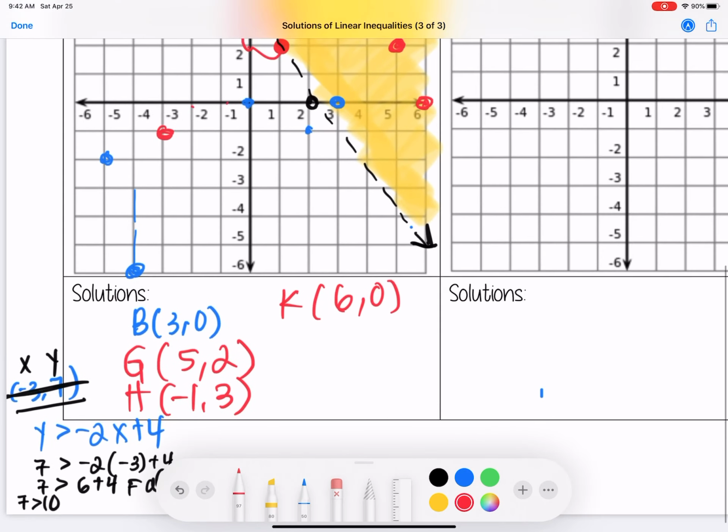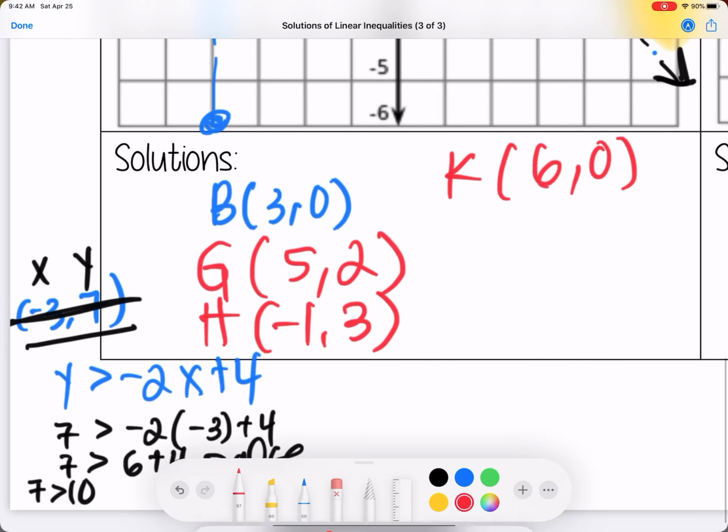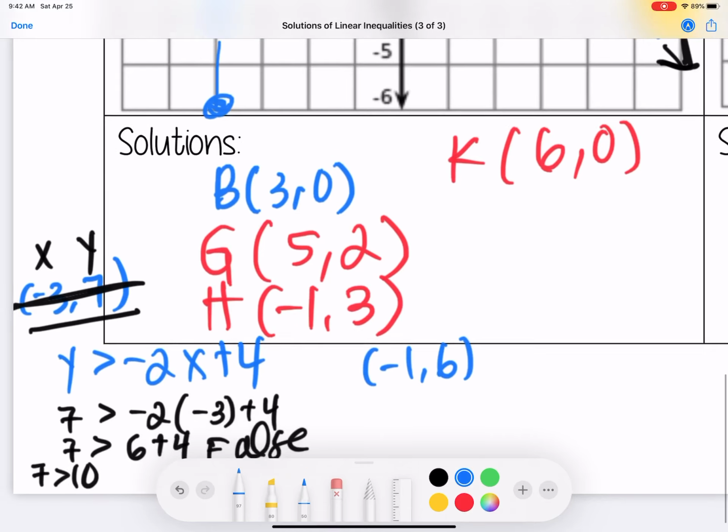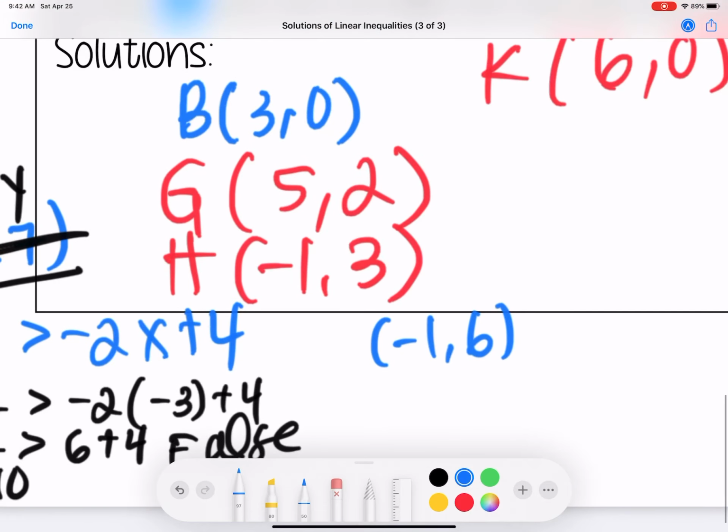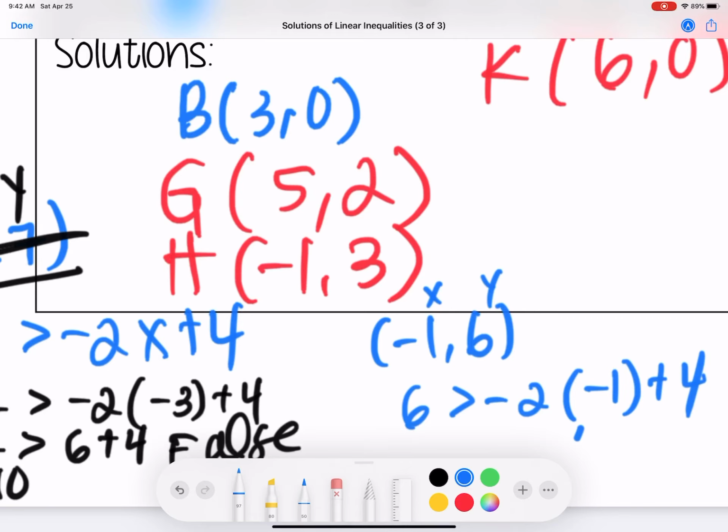Okay, so I'm going to do the same thing, but this time I'm going to use the point negative 1, 6, and I'm going to substitute it into my equation. So this is my x, here's my y. So it's going to be 6 is greater than negative 2 times negative 1 plus 4. Okay.